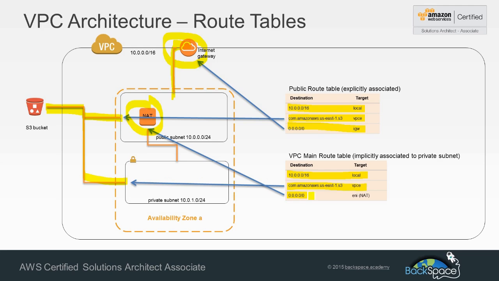What's different here is that traffic going out to the wider internet will be going through to the elastic network interface of our NAT. So our private subnet is connecting in to the elastic network interface of our NAT, and that NAT will be connecting through our public subnet out through to our internet gateway.